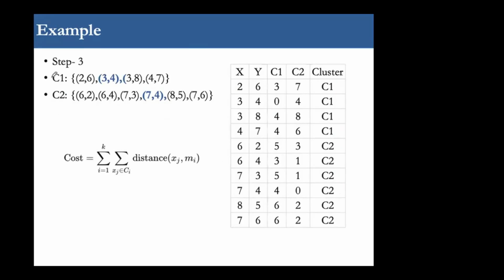This is cluster 1 and this is cluster 2, with their respective data points. For cluster 1, (3, 4) is the medoid, and for cluster 2, (7, 4) is the medoid. Now we need to calculate the total cost. This is the formula to calculate the total cost.